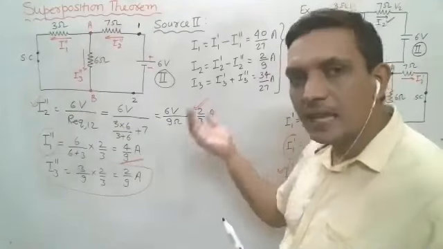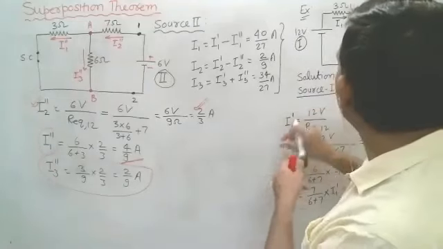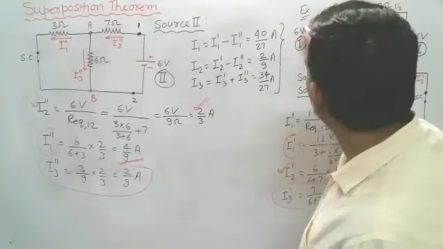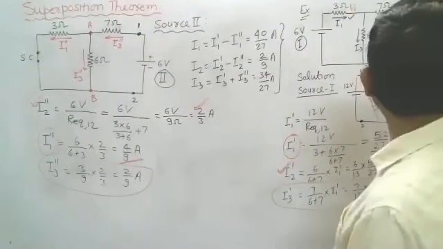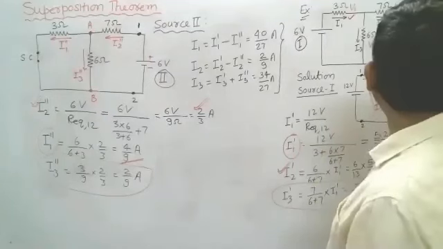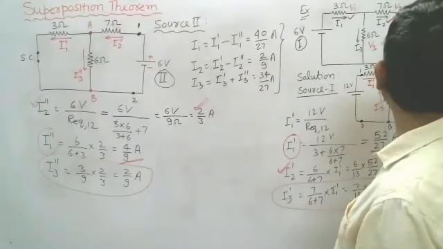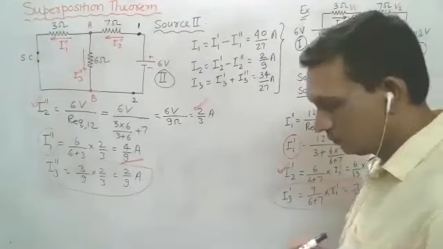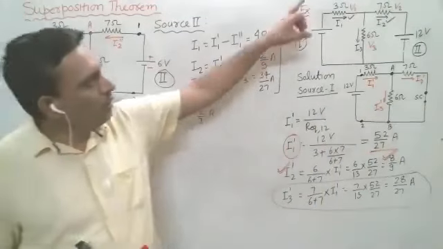Let us take another example and interchange the voltage source. Redraw this circuit. Take it as 6 volt and this is 12 volt. I have discussed the same problem in KVL also. Now let us solve using superposition. Redraw the circuit.